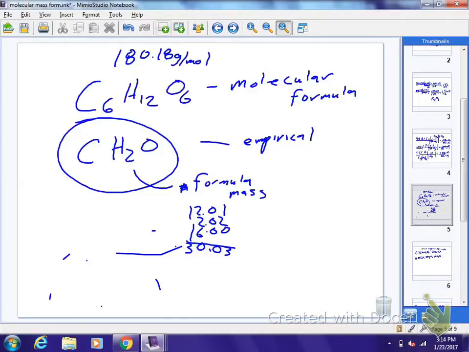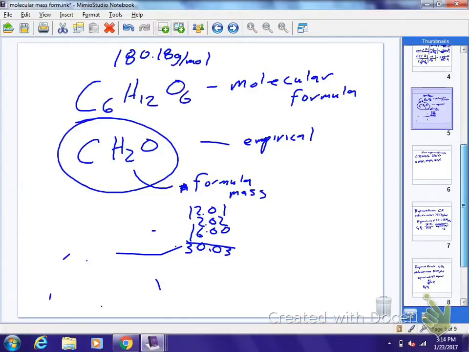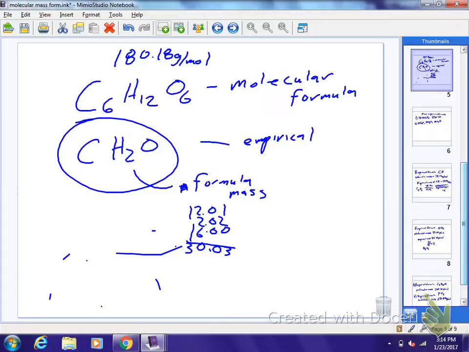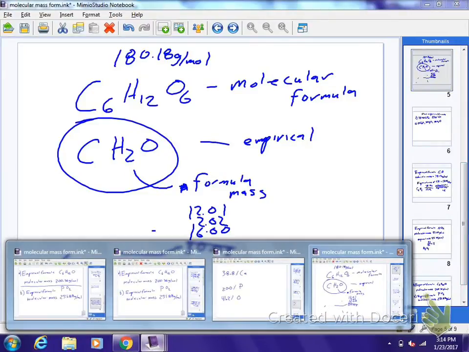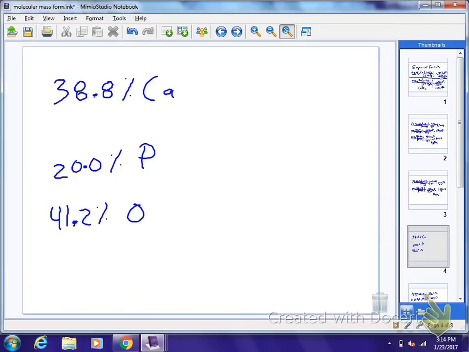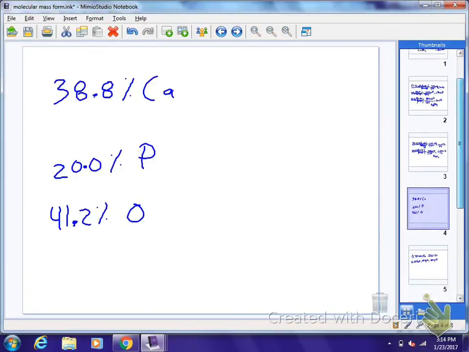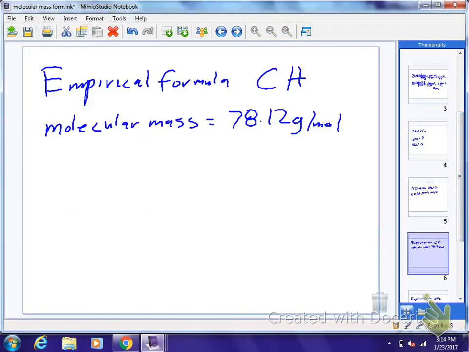So let's transition that to what we have here. I probably got the work shown for that from a previous class. So I'm going to switch to this one. With what I just showed you, how would you go through and figure out this formula?